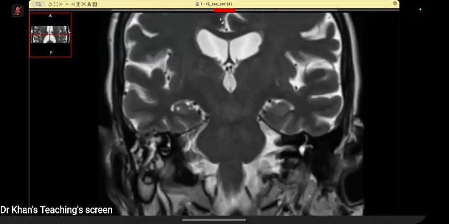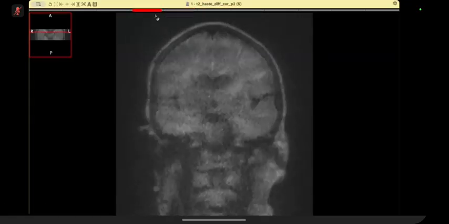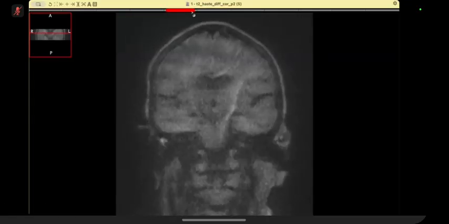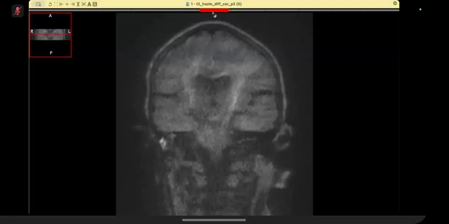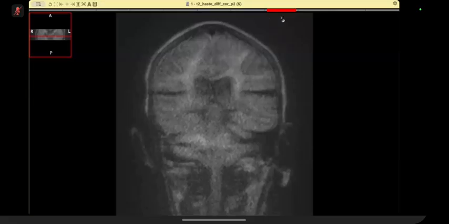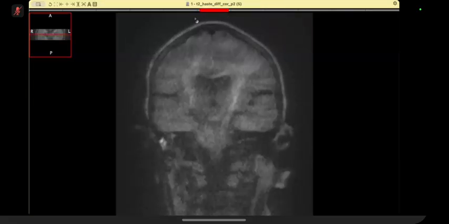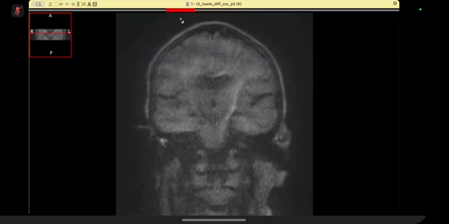Sir, can I see the diffusion weighted imaging? Okay, this is the diffusion weighted images, and I can see that there is a diffusion restriction at the same side which I saw earlier on CT. And this confirms that this can be a recurrent cholesteatoma. Okay, thank you.